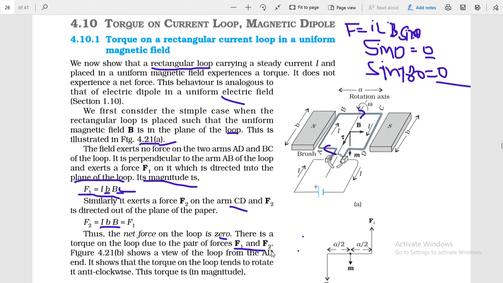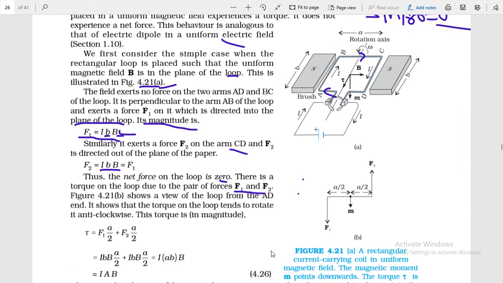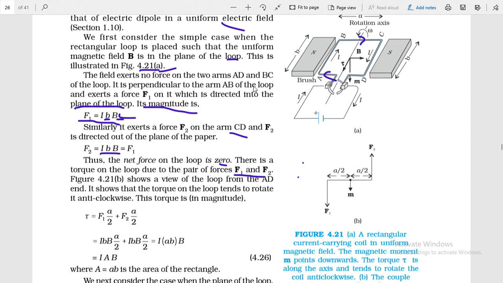The net force is 0, but there is a torque, because the two forces are equal in magnitude, opposite in direction, and their points of action are different. They are not in the same line, so they must form a torque. It means they have a rotational effect.